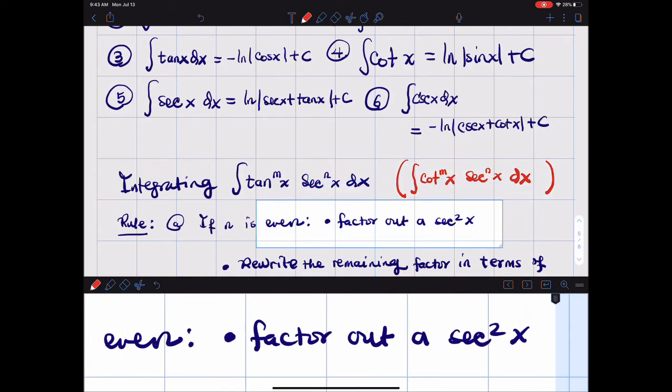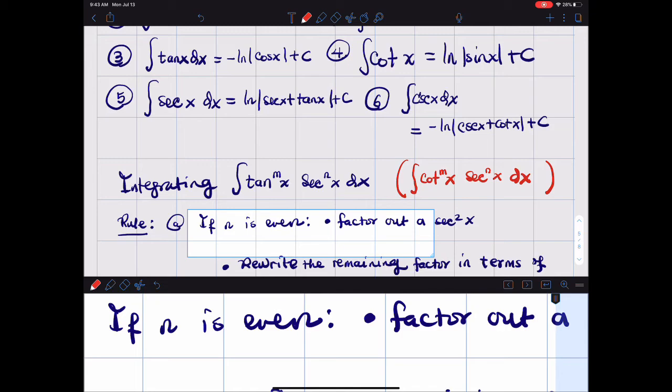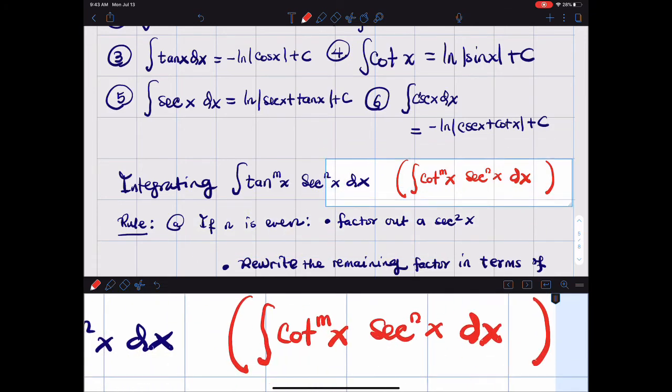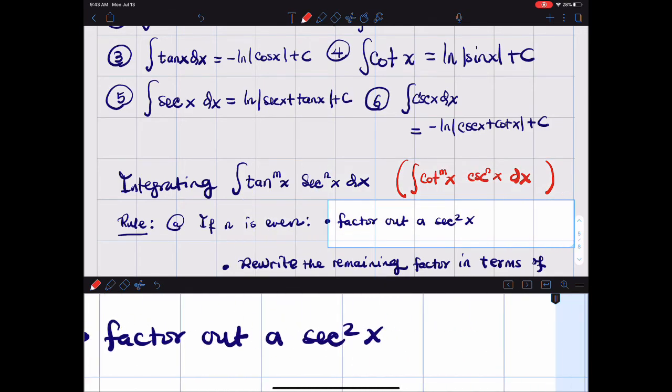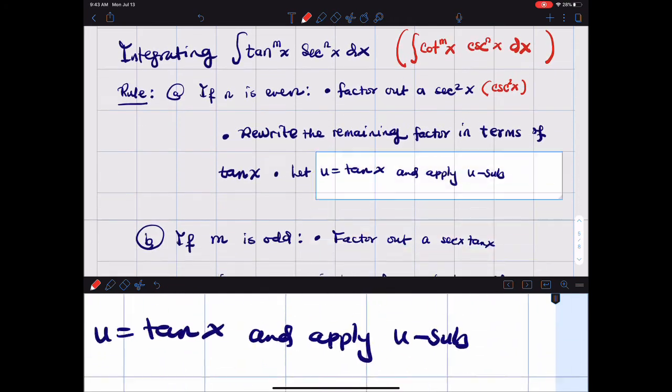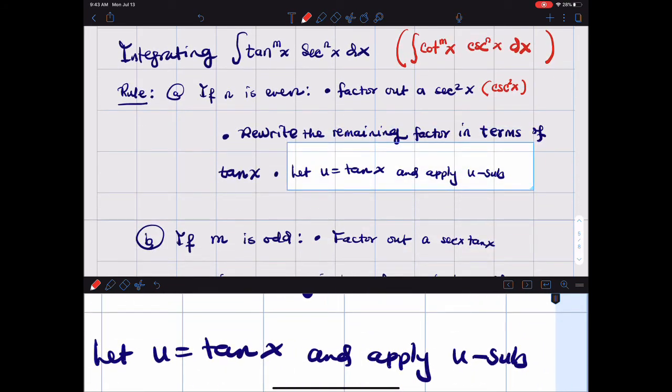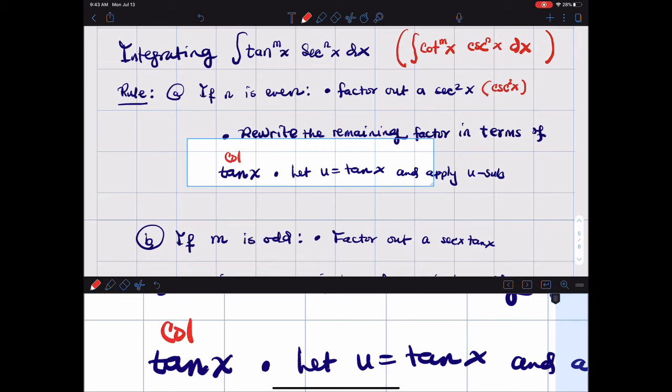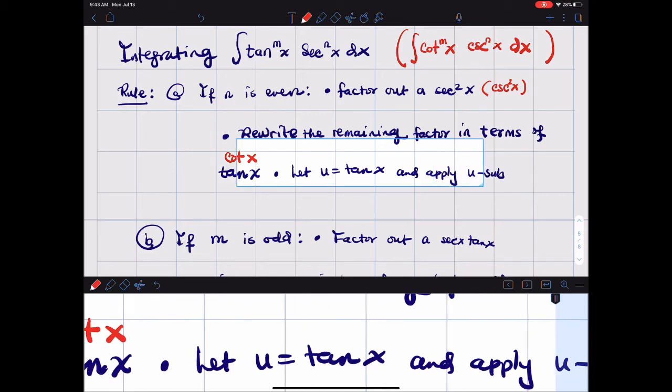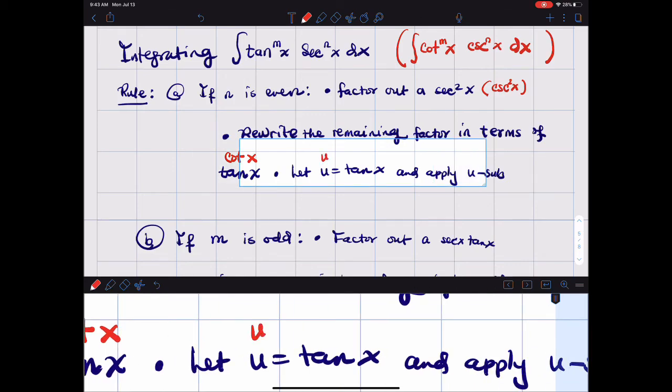So what do I mean? I mean when n is even, you factor out, oh, sorry, I meant cosecant. When n is even, you factor out a cosecant squared x and express the remaining factor in terms of cotangent of x, right? And let u be equal to cotangent of x.